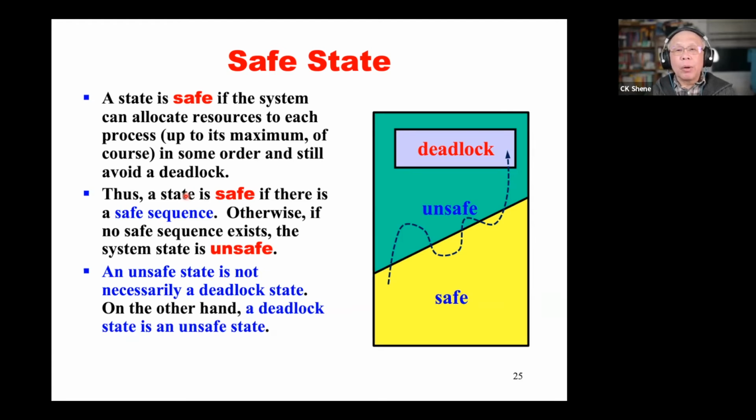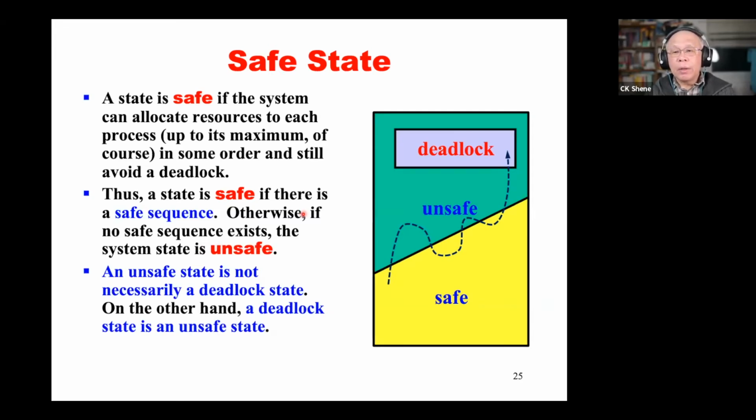Then every process would run and release its resource, allowing the next process to run. Therefore, a safe sequence guarantees that the resource allocation is safe. That is, no deadlock. So if the system can find a safe sequence, the system is in a safe state. Otherwise, if no safe sequence exists, the system state is unsafe.